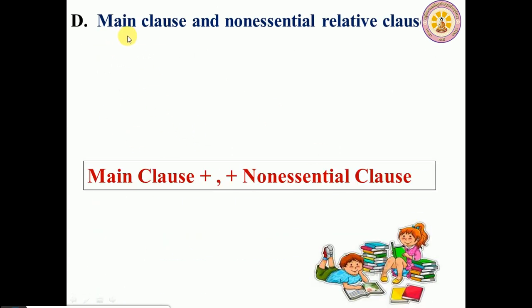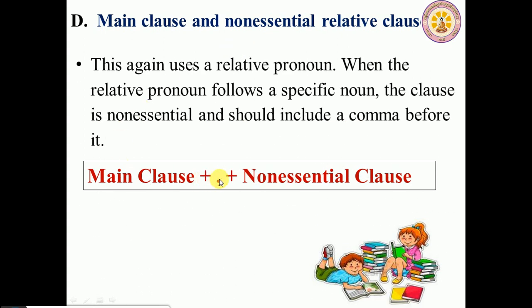Okay, one more use of the subordinating conjunction here: main clause and non-essential relative clause. If the relative clause is non-essential, so what should we use? We have to use a comma, that is the rule. This again uses a relative pronoun.